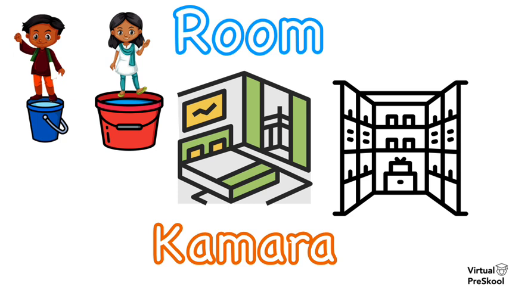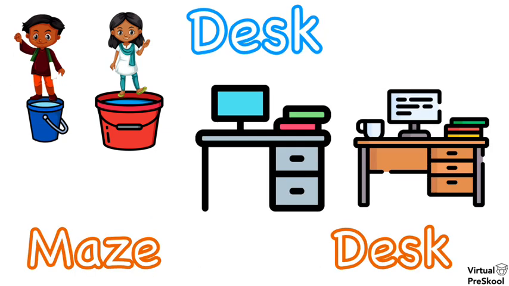Now, let's identify the noun category for each of these. What category is room, kamra? Pul or stri? Pul. What about desk? Pul or stri? According to the noun rules, it should be pul, right? The noun rules tell us that if the ending sound of the noun is a, it goes in the boy bucket.